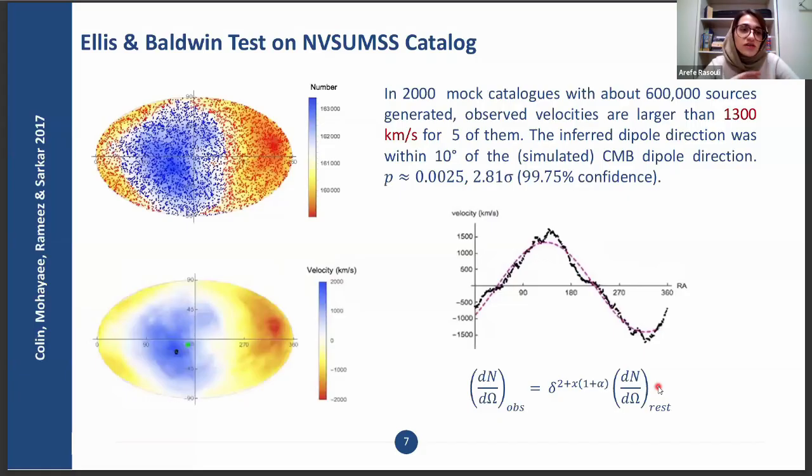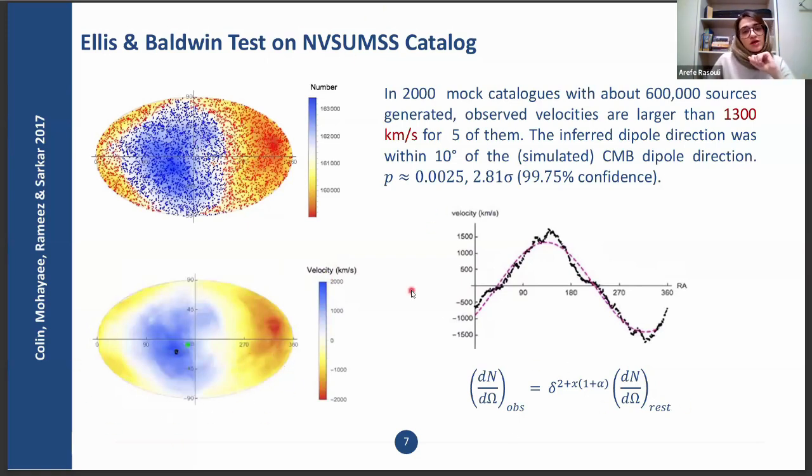In a 2017 study, Colin and colleagues explored the radio galaxy number densities, and they used the combined catalog of the NVSS and SUMSS, and they used the Ellis-Baldwin formula to find this velocity field.